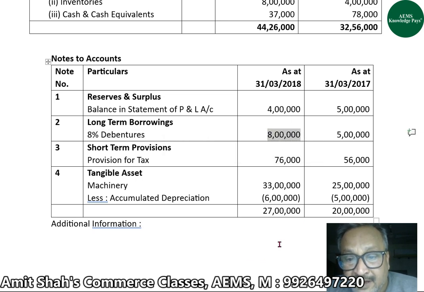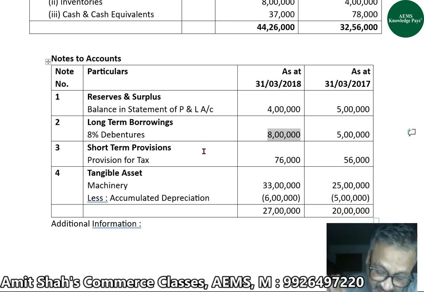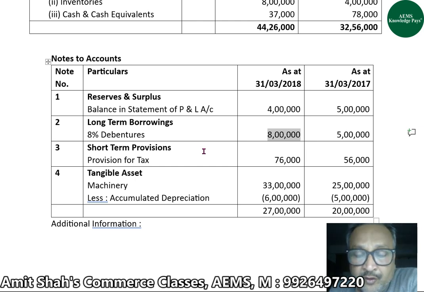So 8% of 8 lakhs is 64,000. That would be added to profit before tax under cash flow from operating activities. Why? Because this interest has decreased our profits, but since interest is a financing activity, we will add it back to profit before tax.